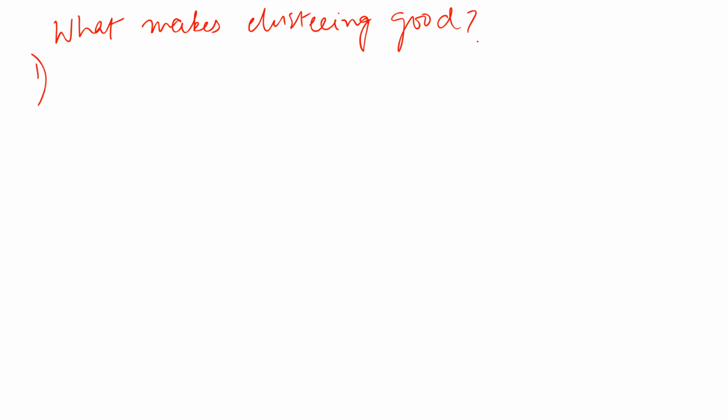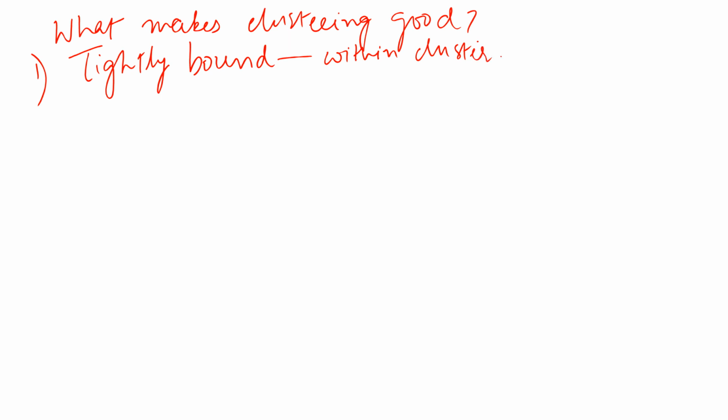So the first thing that makes it really good is that the points within a cluster should be as close to one another as possible. So tightly bound within cluster. And the second thing that made it really good was that these clusters should be well separated, right? As far from one another as possible.